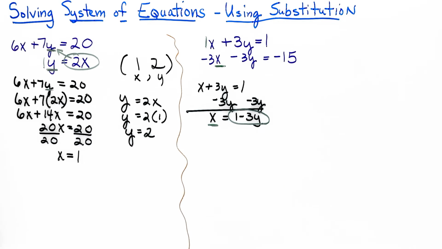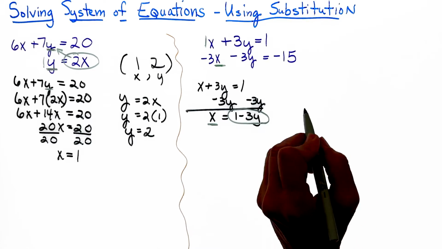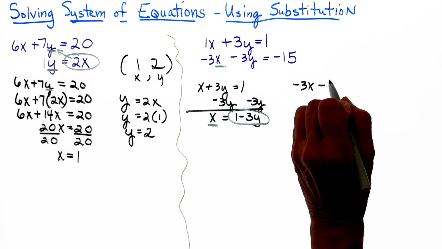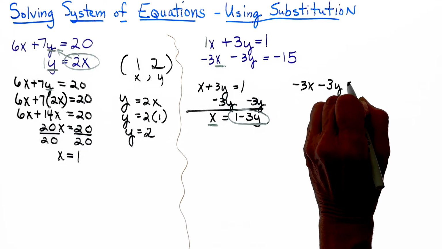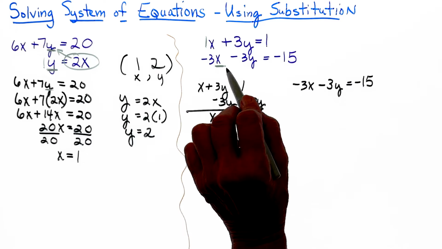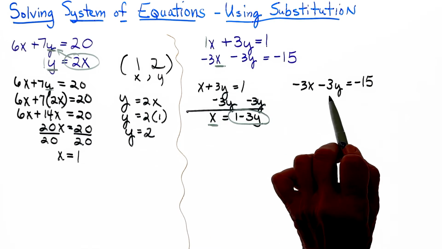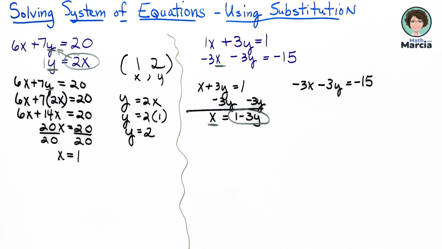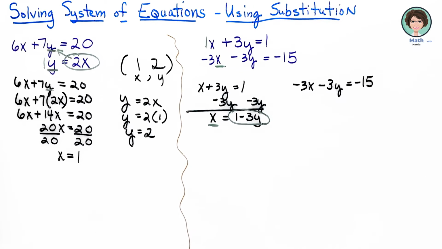All right, so now let's solve this equation that we have. We have negative 3x minus 3y equals negative 15. When I'm recopying it, I always double check to make sure I've copied it right, because if I leave out a subtraction sign or a negative sign, it throws my whole answer off.